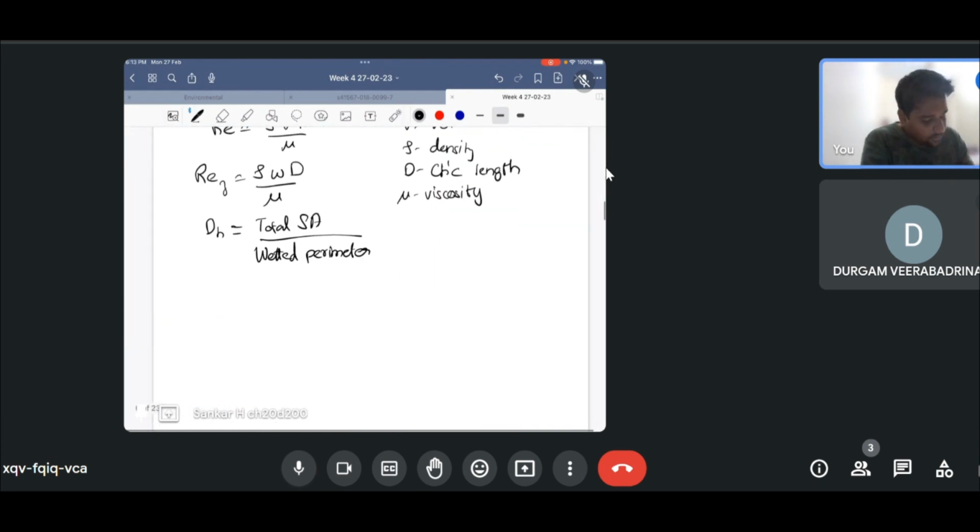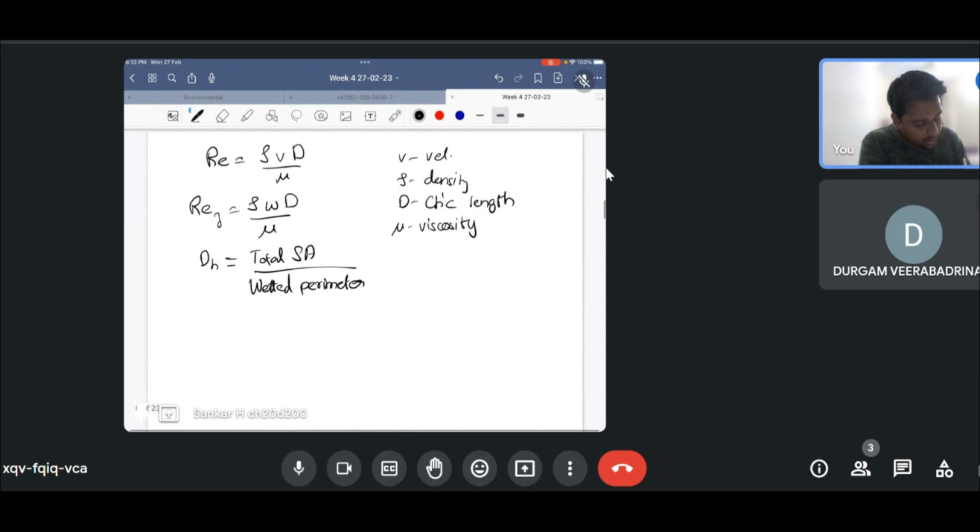Okay, as I was saying, we have to define something known as the hydraulic diameter, which is given by 4 times the hydraulic radius, and the hydraulic radius is given by total surface area divided by the wetted perimeter.